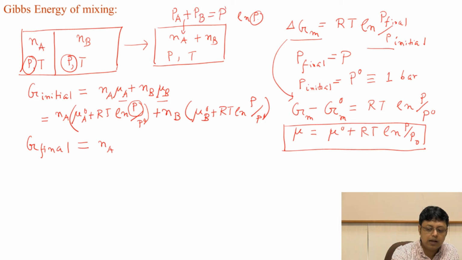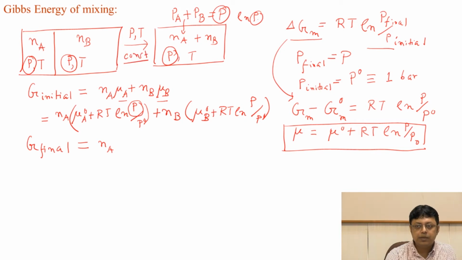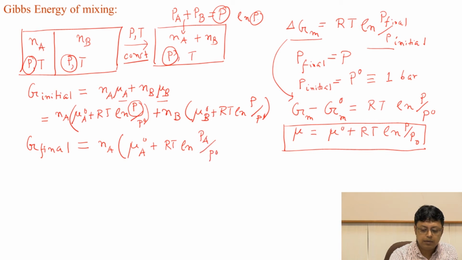Of course, that should add up to P, because we did not change the total pressure from going from here to here. So the pressure and temperature were kept constant, which means the total pressure did not change. However, the partial pressure must have changed, because now it is a pressure of A in a mixture. So in that sense, we are writing it as mu A0 plus RT ln PA by P0.